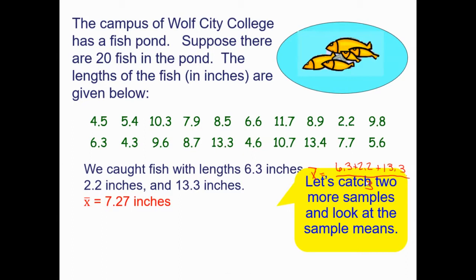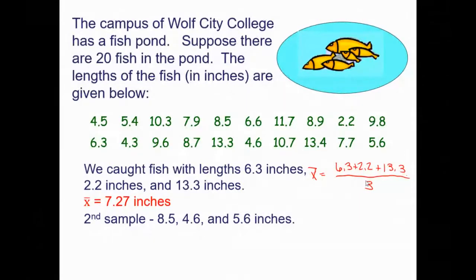So let's catch 2 more samples and look at the sample means. Second sample, we catch a fish that's 8.5 inches, 4.6 inches, and 5.6 inches. So I'm going to find the mean of those. So add them up and divide by 3. That's 6.23 inches.